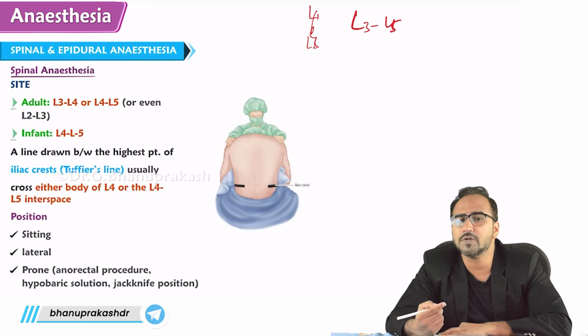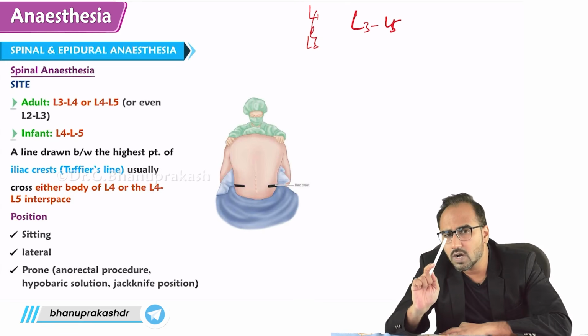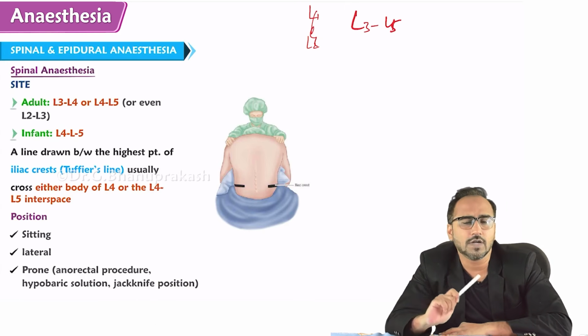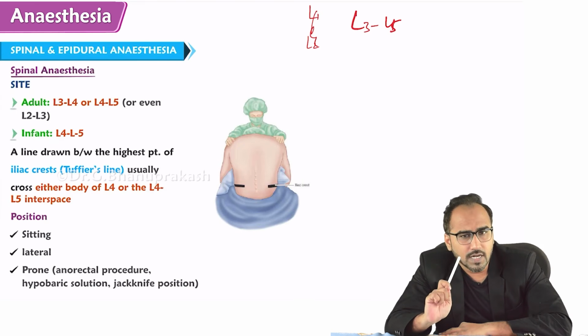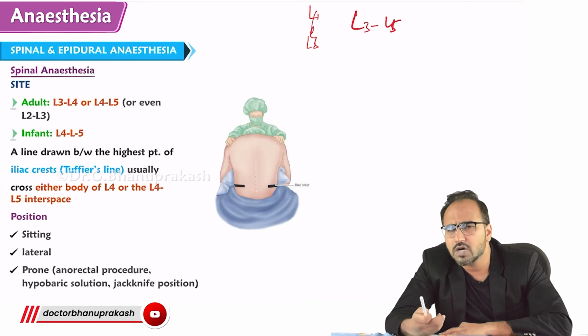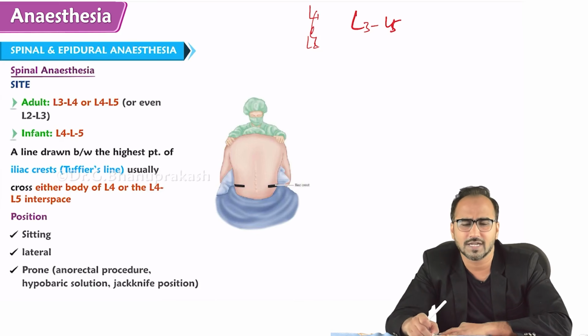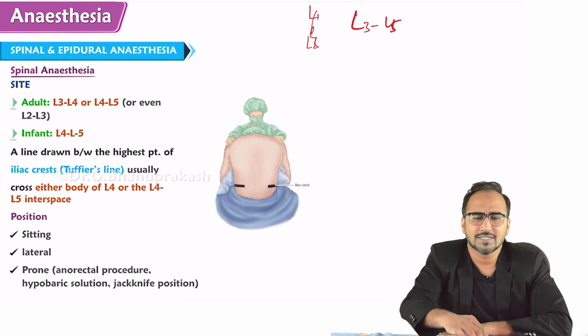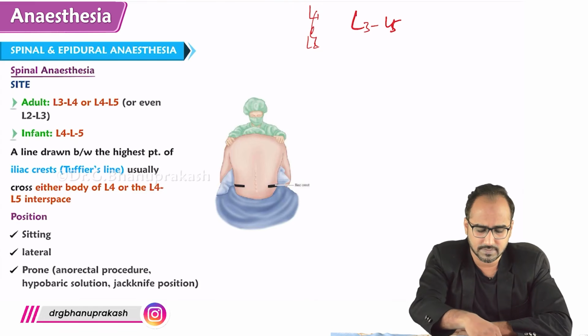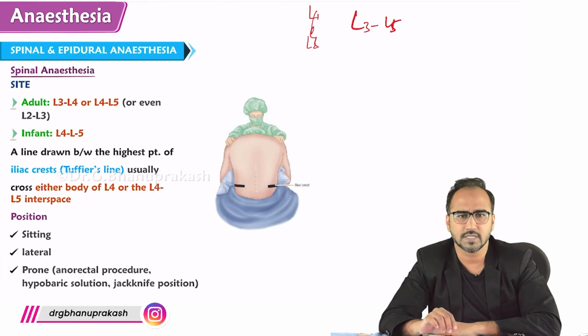But how will you come to know this space is the L3, L5 space? Will you count all the vertebrae from the top till L5? No. Guys, there is a landmark, a line that indicates you are in the L3 to L5 space, or most commonly the L4, L5 space. What is that line? You basically stand behind the patient.